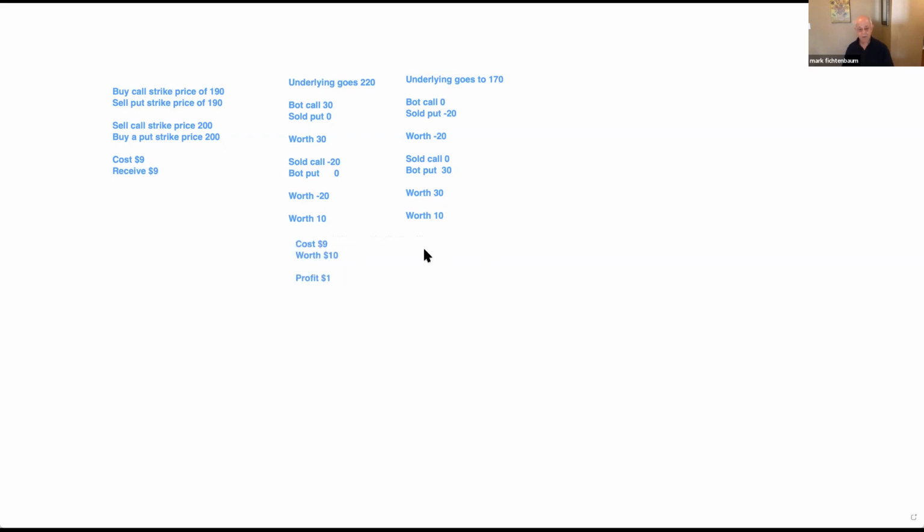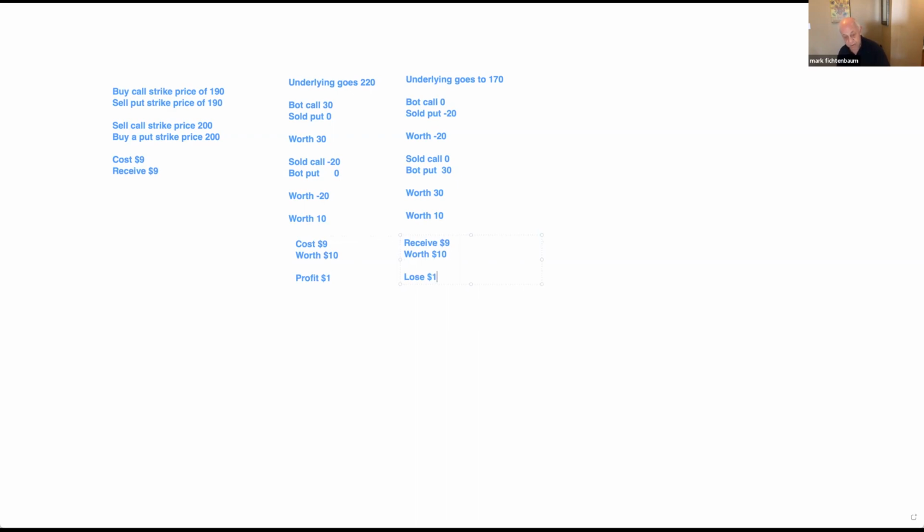It's as though we bought a bond. So this is another way of buying a bond. If we receive $9 on day one, because we do the exact opposite transaction, and it's going to be worth $10 at the end, we're going to lose $1.